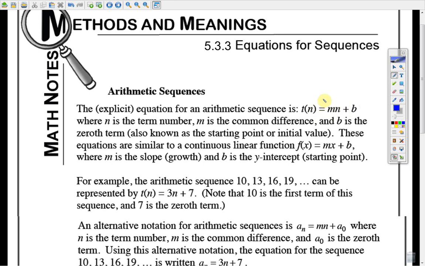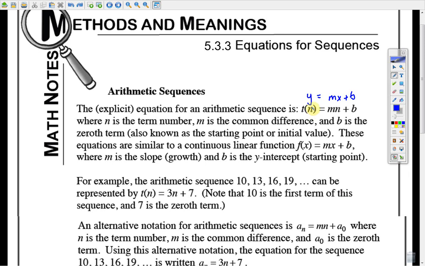If you're clever, you might notice that this is really close to y equals mx plus b, except that because we're talking about sequences, we're talking about discrete functions here. So instead of creating a line, we're going to create a series of dots that go in a line.